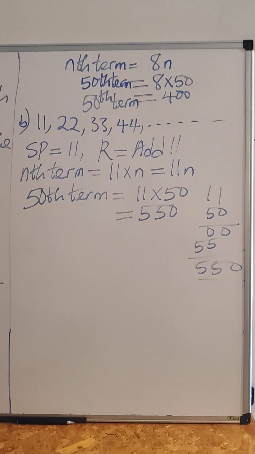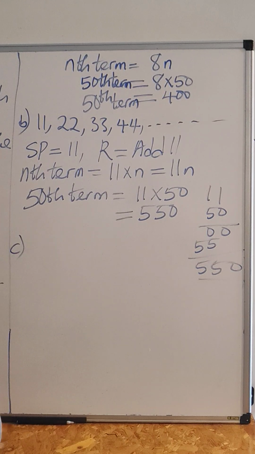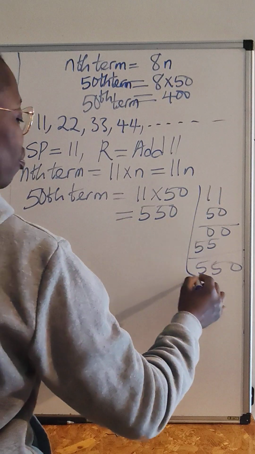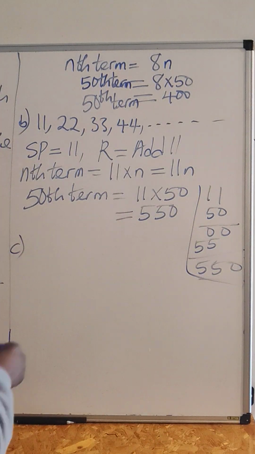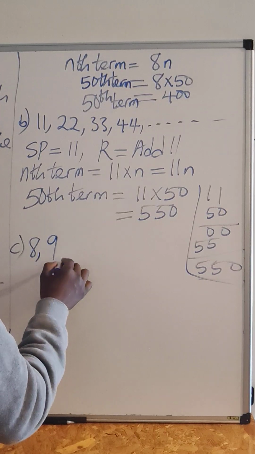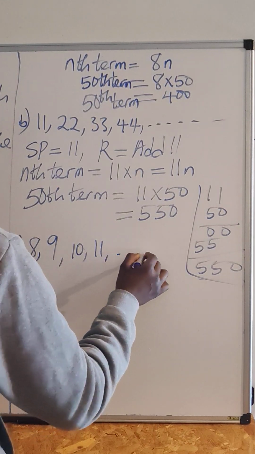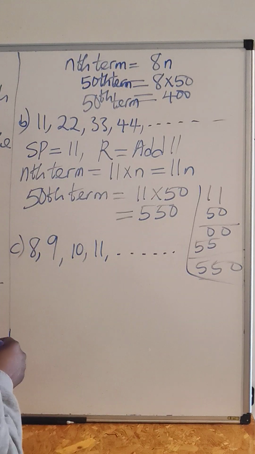So for the second sequence, the 50th term is 550. We move on to the third one, which is 8, 9, 10, 11, and so on.